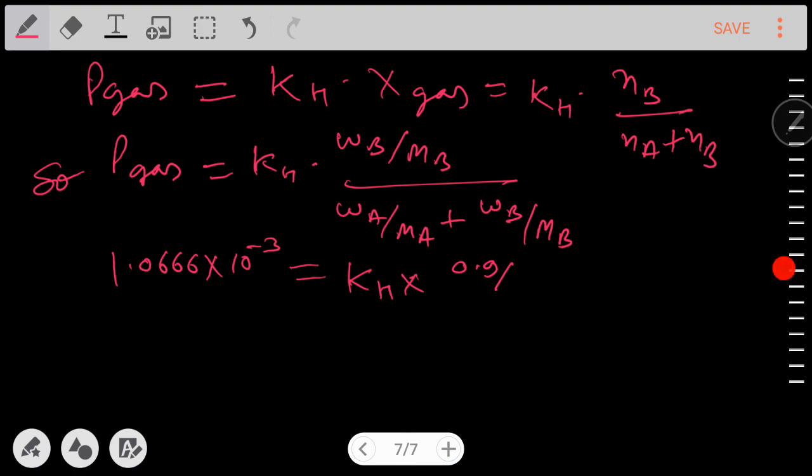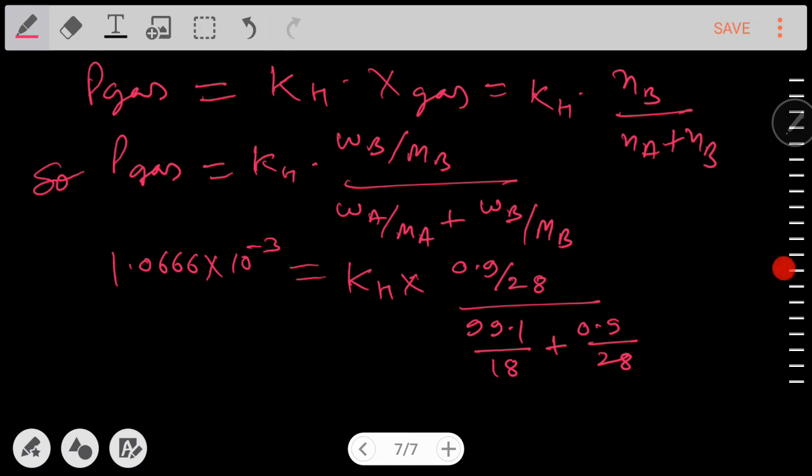The molar mass of the solute is 28, as the solute is nitrogen gas, the formula is N2, so molar mass will be 28, upon Wa, that is 99.1 gram, upon the molar mass of solvent, for water it is 18, plus again 0.9 upon 28.